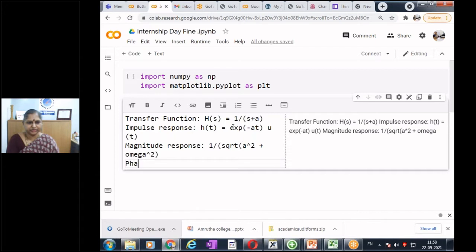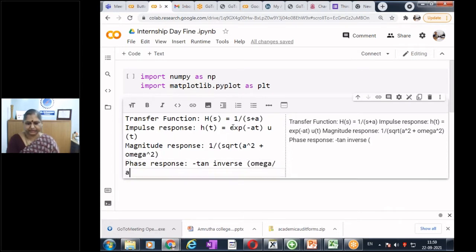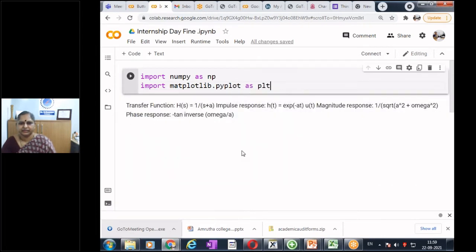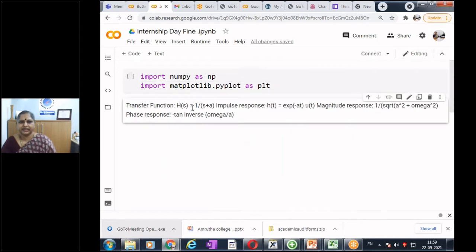And what is the phase response? Phase response is minus tan inverse of omega by a. I have written this.